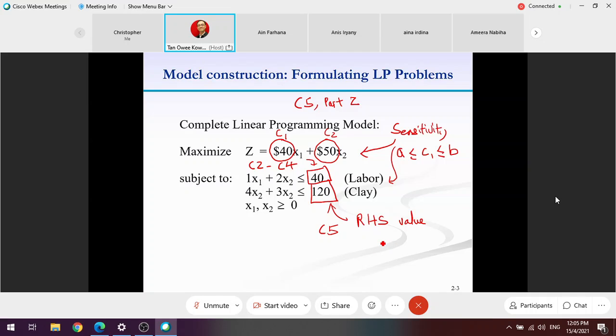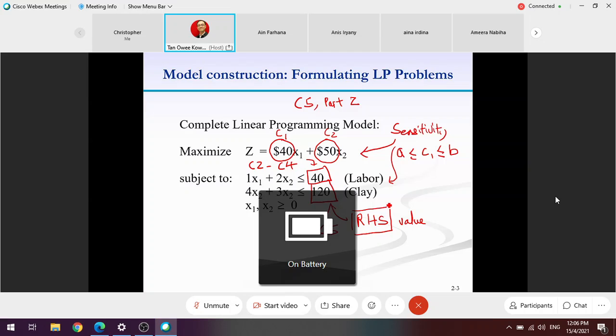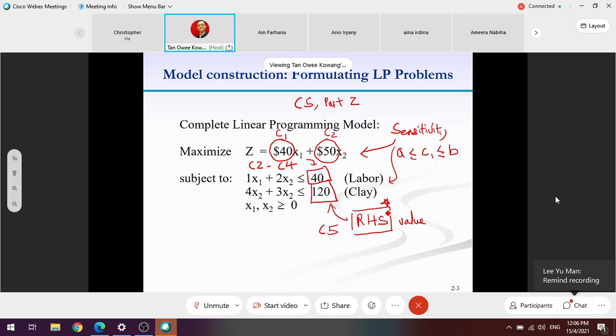On top of that, this is a standard term used in most computer software for linear programming. The term used to define the requirement for the constraint, or the resources available for the constraint, is the right-hand side value. So this is point number one: right-hand side value.